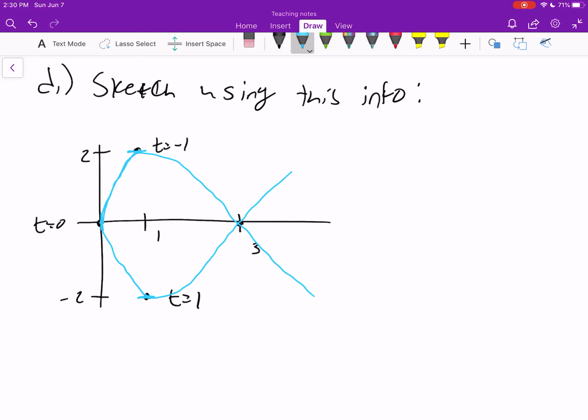This is what it's going to look like as time progresses. Let me do that in a different color because I think that looks a little better. This is the direction I'm going as time progresses. And remember, a feature of these parametric curves is that when they are drawn, they have a direction. So that's a really rough sketch of what's going on here.